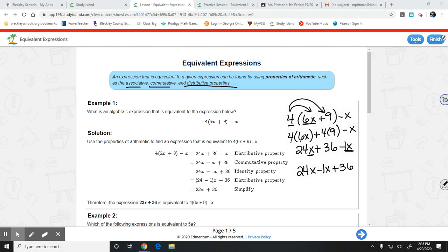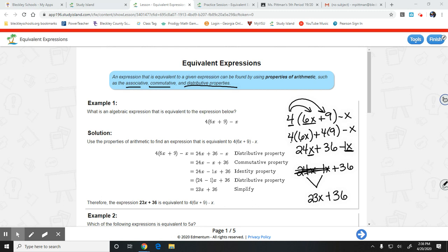So now we can simplify 24x minus 1x. We're going to combine those like terms together. 24 minus 1 gives me 23x. We've used that, so we're going to get rid of it, and we're going to bring down 36. Now, we can't do anything with that 36.